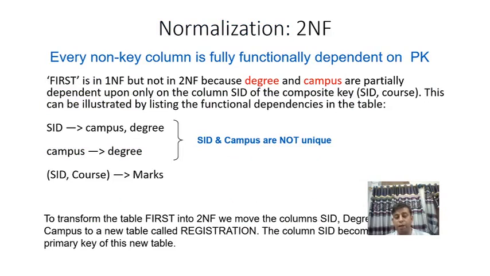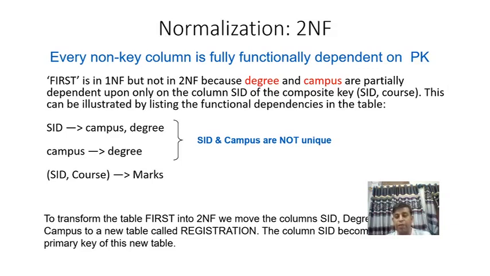Why is it not in 2NF? Because degree and campus, these are names of fields, are partially dependent only on the column SID of the composite key SID and course. This can be illustrated by listing the functional dependencies in the table. Our primary key has two attributes, SID (student ID) and course.